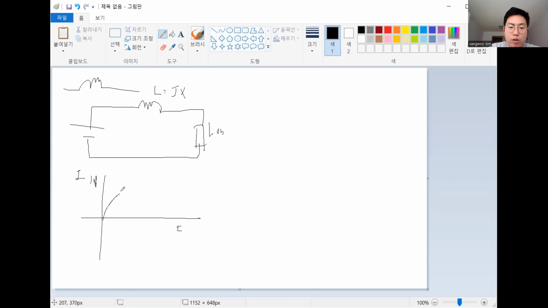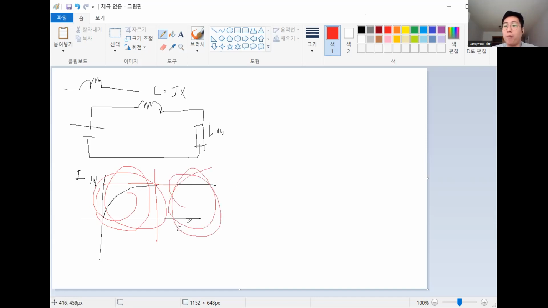The graph goes like this, right? So this part is only changing, and this is the steady state. You remember, right? This is the transient state. It's changing.